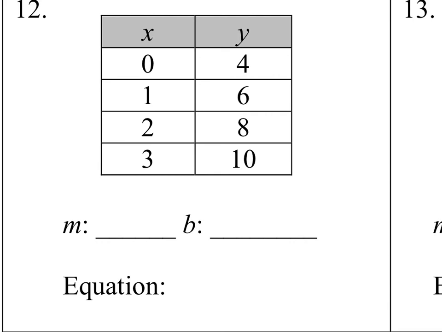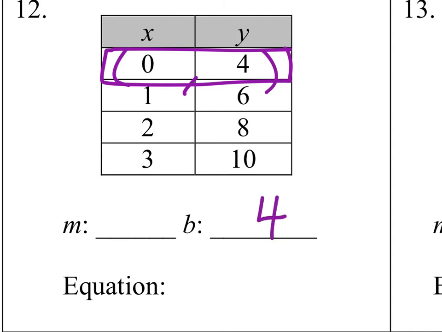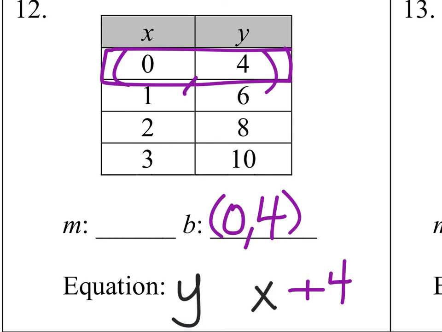Alright, so we can see the y-intercept. What's the x value at all y-intercepts? 0. So we can see that it would be this ordered pair, 0, 4. Again, you gotta fight the urge to just write a 4, because it still is 0, 4, okay? Now in the equation, of course, that would become a plus 4, and that's good, right? Should be y equals something x plus 4.